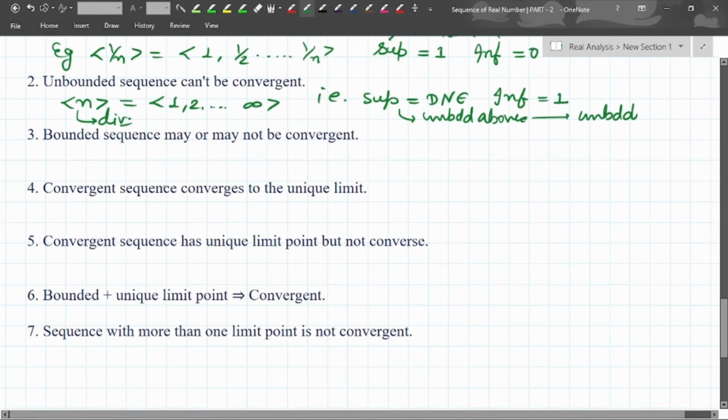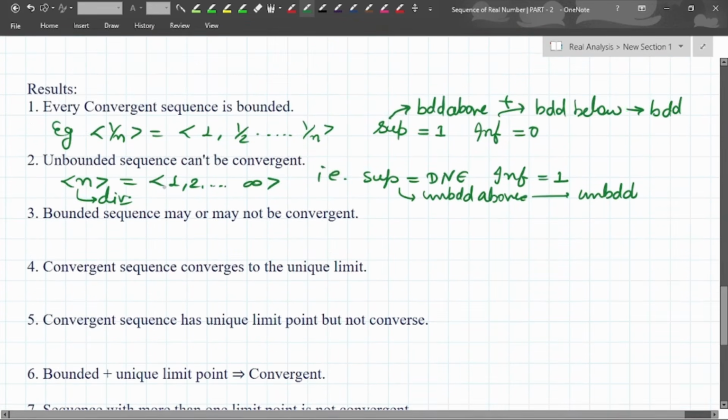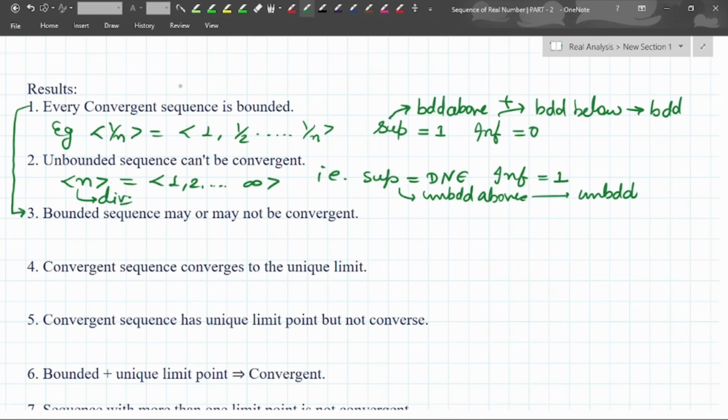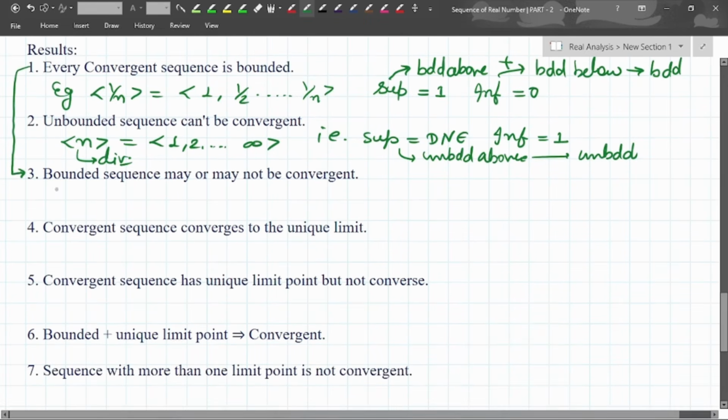A bounded sequence may or may not be convergent. A convergent sequence is always bounded, but it is not necessary that every bounded sequence is convergent. For example, we can take one very important counterexample, minus 1 power n.